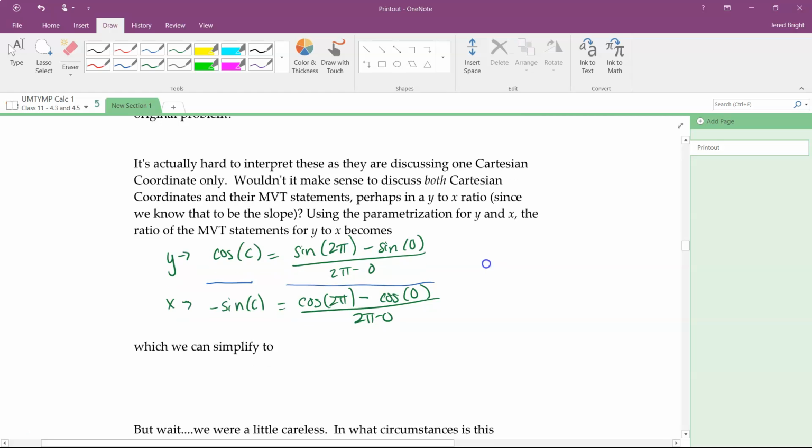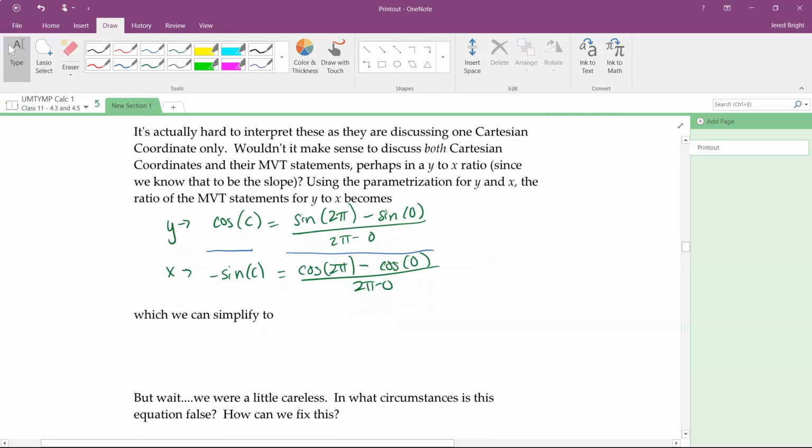And so we can simplify this to cosine of c over minus sine of c, and then the 2 pi minus zeros would cancel out. I have sine of 2 pi. I'm not evaluating these on purpose, and you'll see why. I want to leave these as just sine of 2 pi minus sine of 0 over cosine of 2 pi minus cosine of 0.